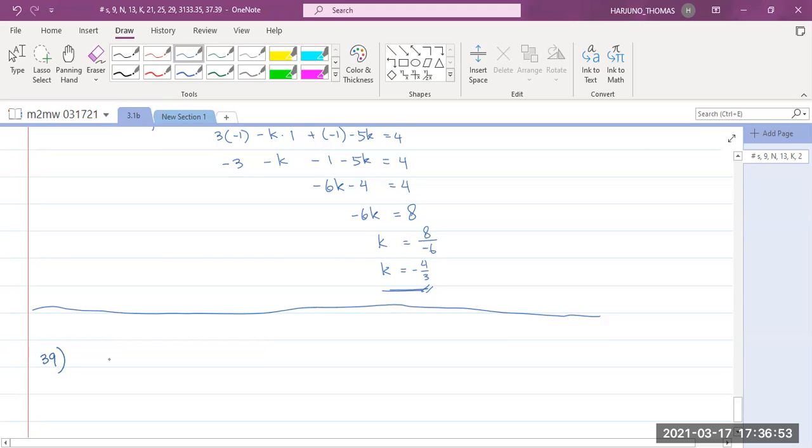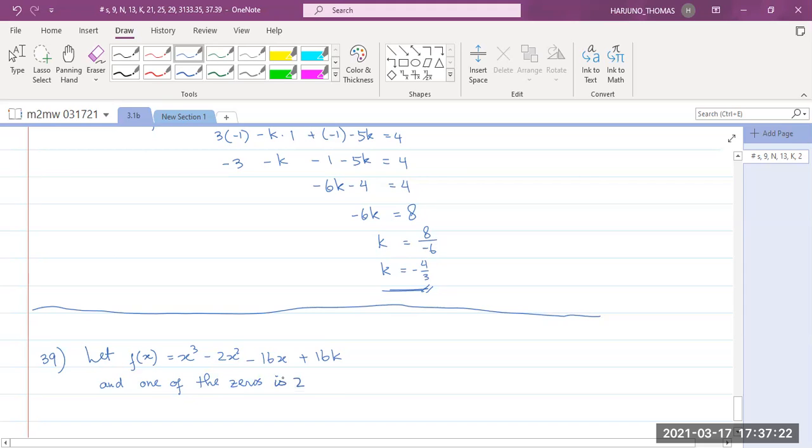Let f(x) equal x cubed minus 2x squared minus 16x plus 16k, and one of the zeros is 2.